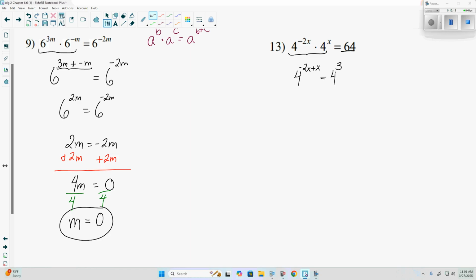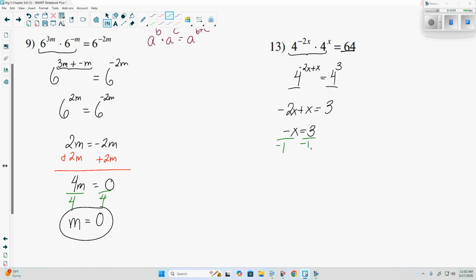And the reason we do this is now that we have done it, the bases are the same, so it means our exponents have to be the same as well for these two expressions to be equal. So we're setting negative 2x plus x equals 3. Well, negative 2x plus x is negative x is equal to 3. To solve this, we can do one of two things.